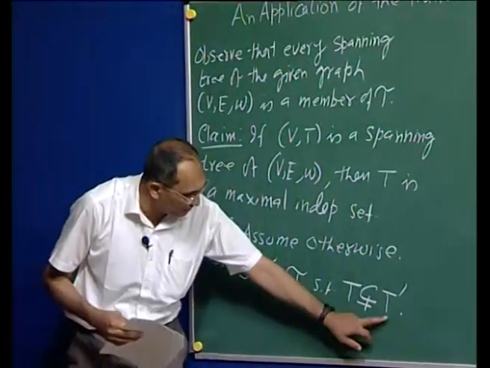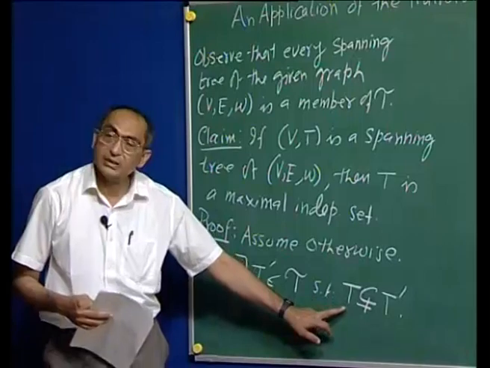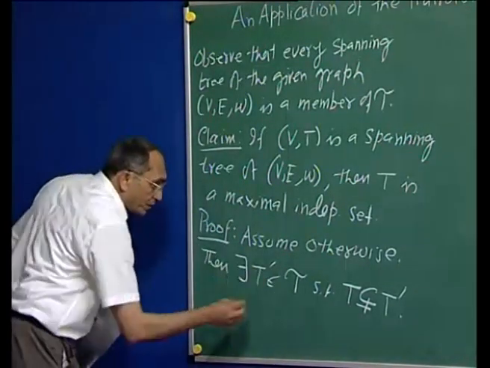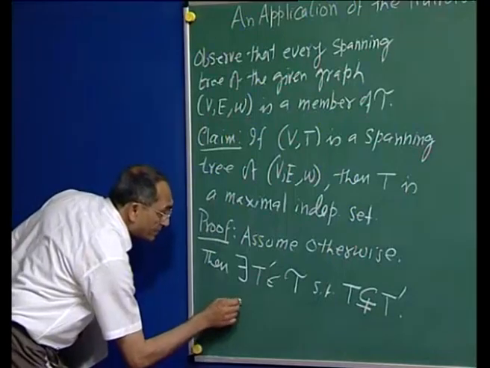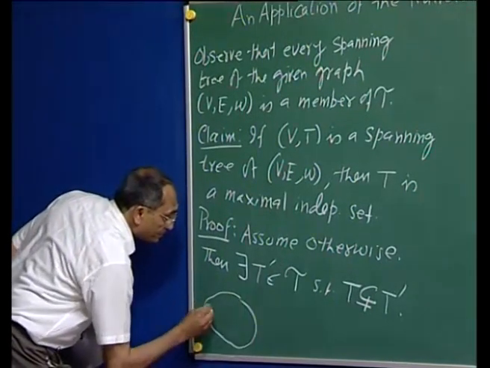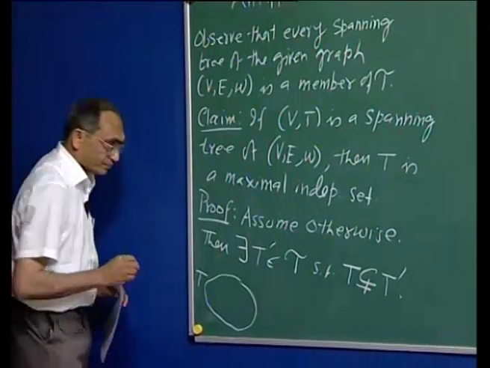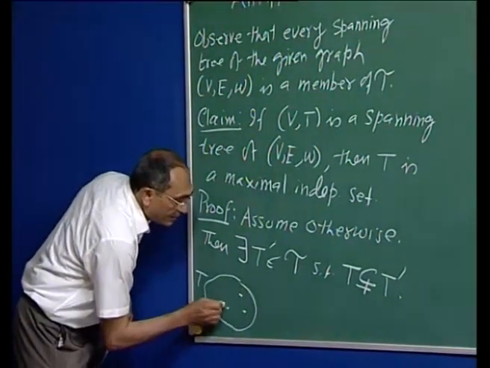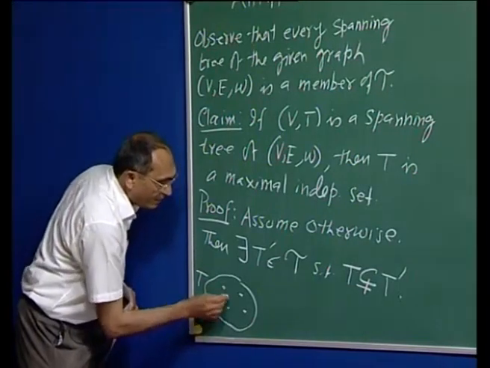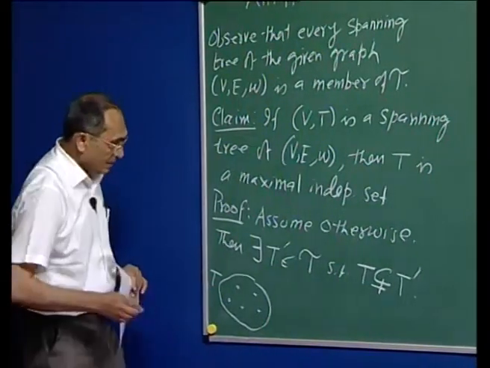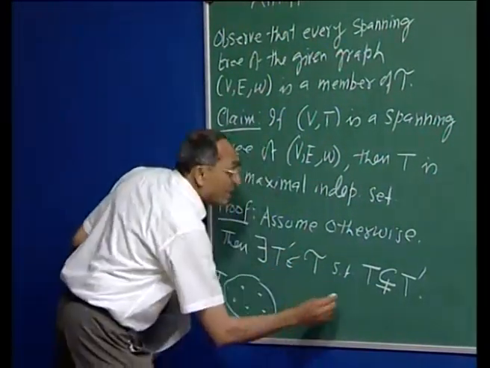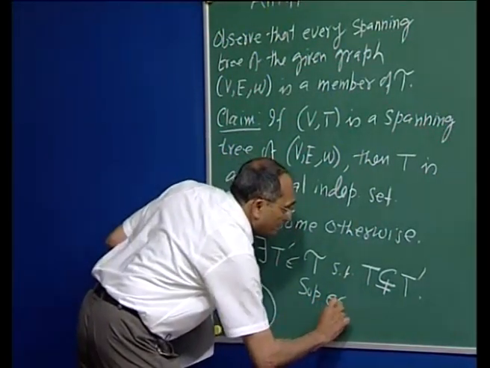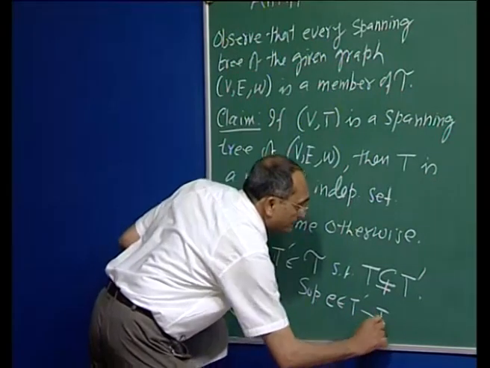Therefore, there is at least one edge in T prime not present in T. Now, if you look at the graph corresponding to T, this is my T. Because it is a spanning tree, then there is a path between every pair of vertices in it. Now, suppose E belongs to T prime minus T.